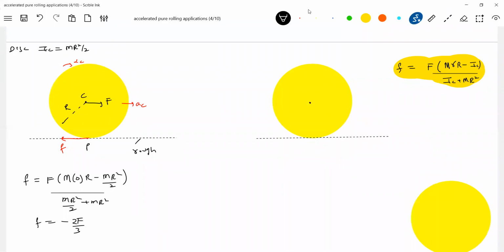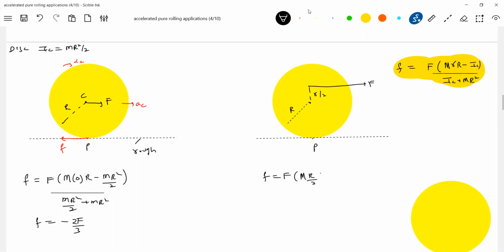Now I'm going to apply a force exactly at a distance R by 2. Let's see what conditions I'll get. No, put small r here. There's a point P. Small f is equal to F into (M R by 2).